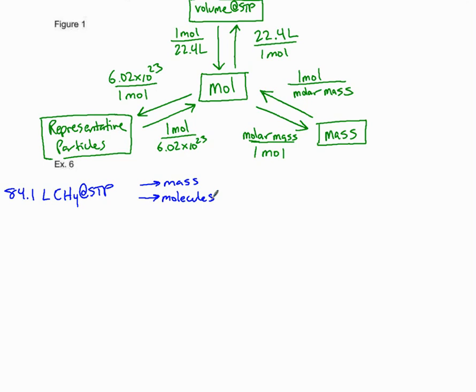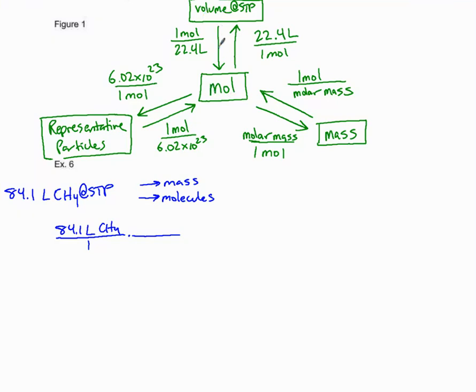So for the first calculation, we're looking for the mass. We always start with our given value, and in this case it is 84.1 liters of CH4. Put it over 1, that lines it up well for our dimensional analysis. So in the first conversion, we need to go from volume to moles.